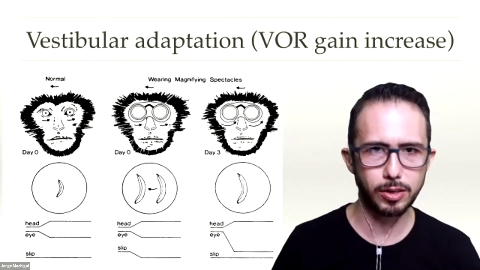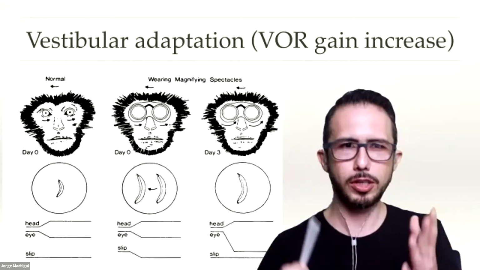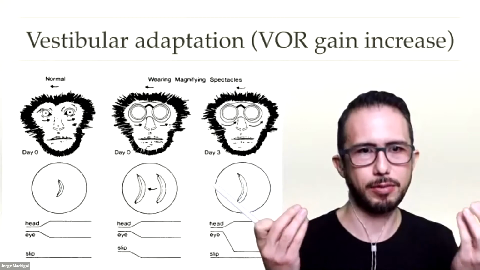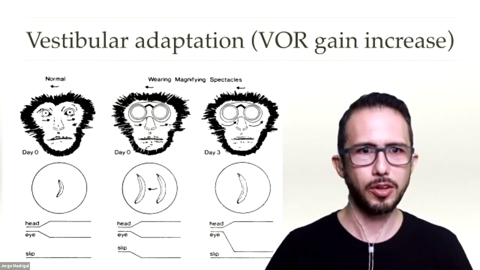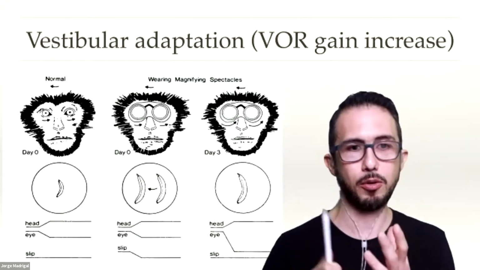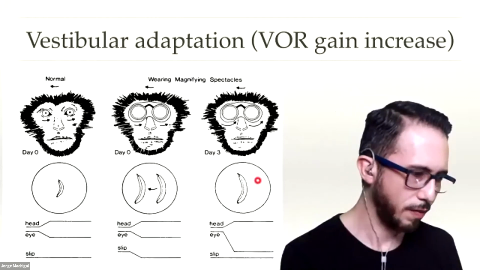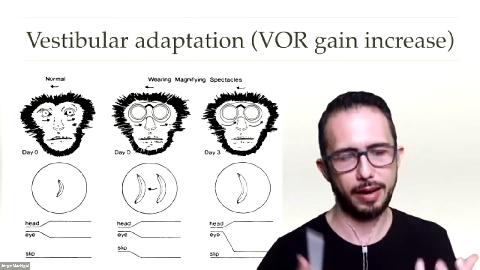And this is interesting because our orbits, our eye muscles, do not have any kind of position sensors that return information to the central nervous system. So the only way that the brain can know that the VOR is working well is based on whether we have oscillopsia or not.